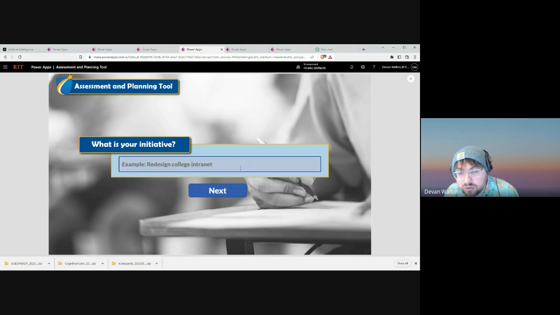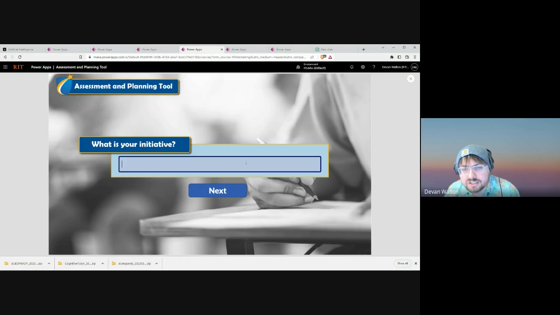This could potentially help those people out with doing some of those complex planning tasks. So essentially, with this app, you specify the initiative that you want to do at your college, or I guess it wouldn't necessarily even need to be a college. It could be really anywhere, any type of initiative that you want to do. And essentially, what it does is it helps you think through the process of planning that initiative.